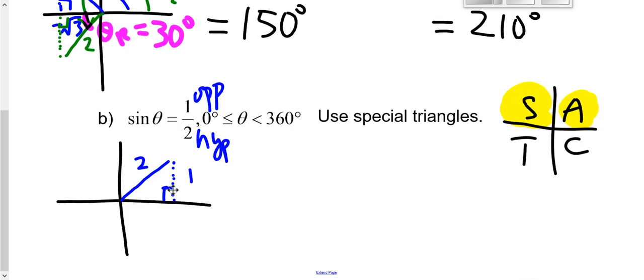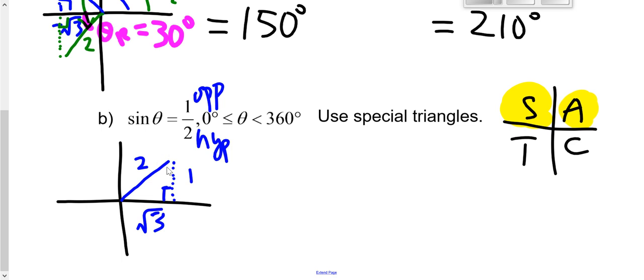2, and then root 3. Root 3 would be for 60 degrees. So that means this side would be root 3. Look at this, 2, root 3, and 1. The side opposite to the angle 60 has a length of root 3, so that means this is 60 degrees.